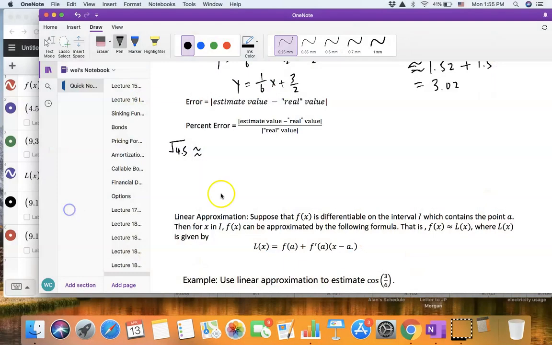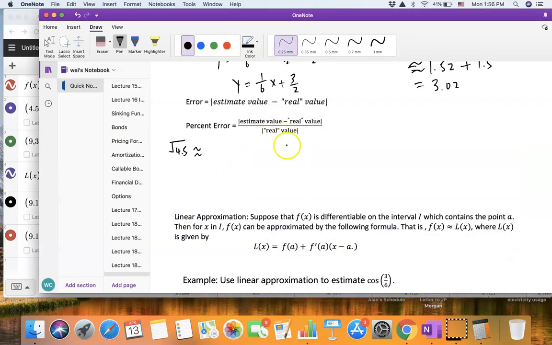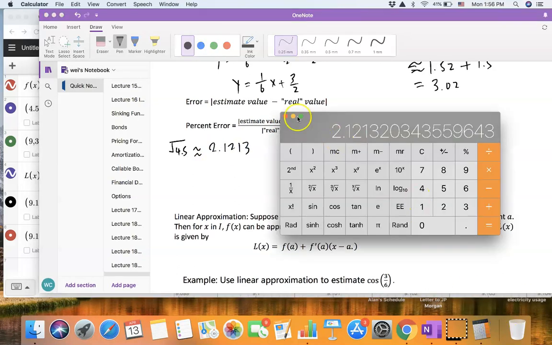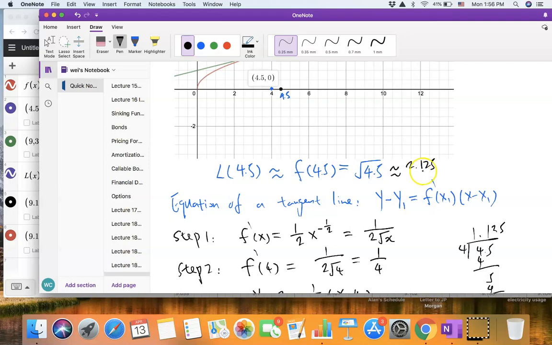the actual result of the square root of 4.5, if we keep 4 decimal places, is 2.1213, and the approximation we got is 2.125.